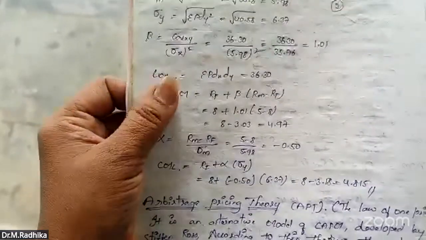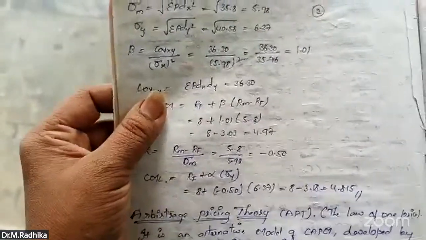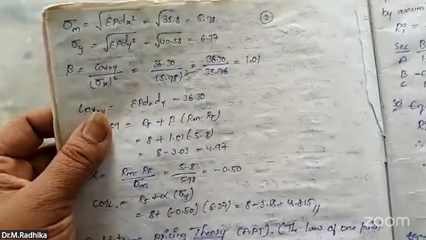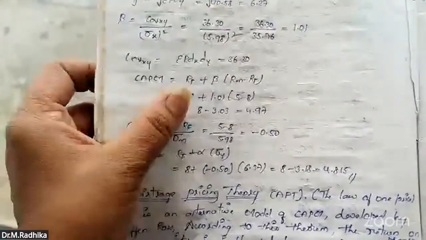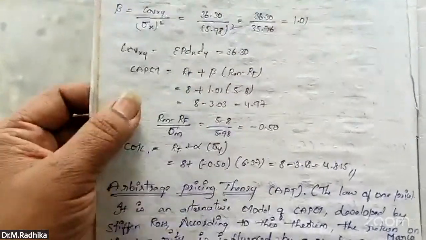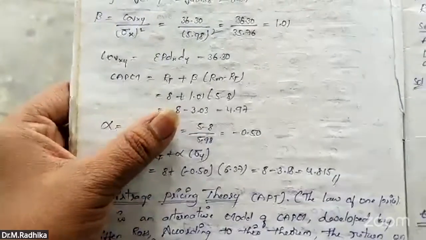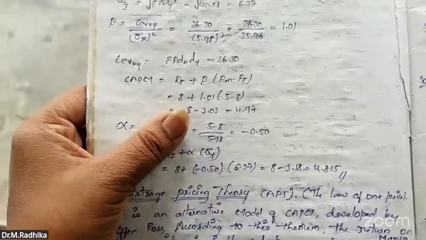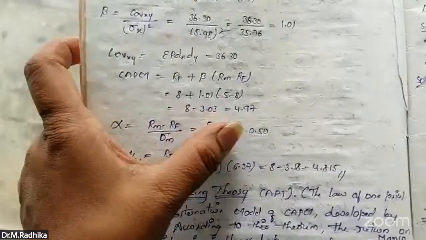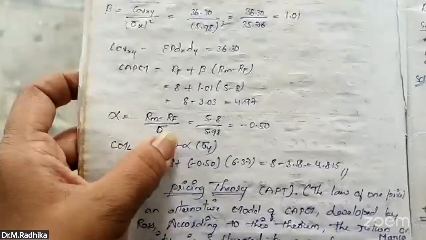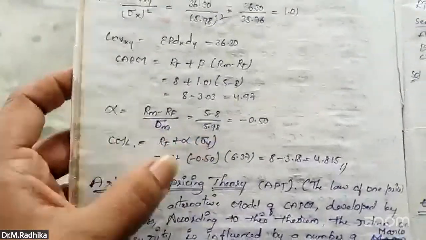Beta formula: covariance of XY divided by risk on market square. So we got 1.101. Covariance of XY formula is this one. Next, CAPM return formula: RF plus beta into RM minus RF, 4.97. Alpha formula is this one. Then we are applying in the CAPM.